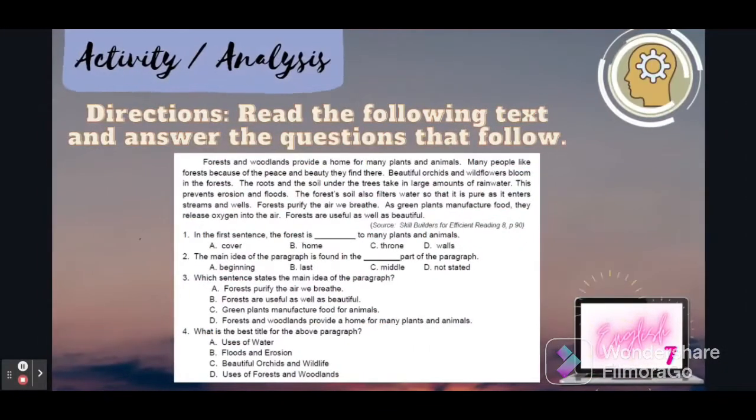Let's try the first activity. Directions. Read the following text and answer the questions that follow.